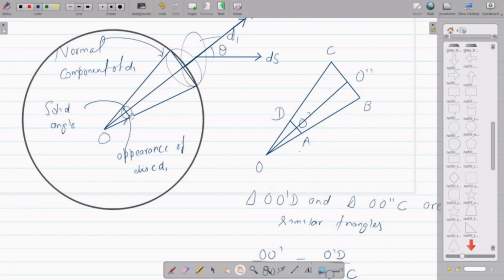So I can take this distance as small as possible, and for simplicity I'm taking it as unity, right? And here this distance is equal to R, right? I expect it is clear to all of you what I did here.